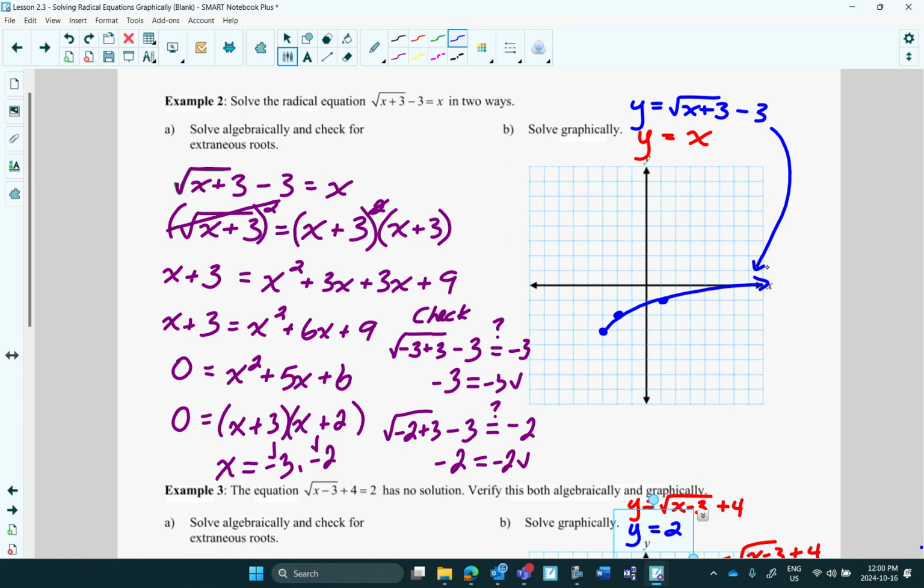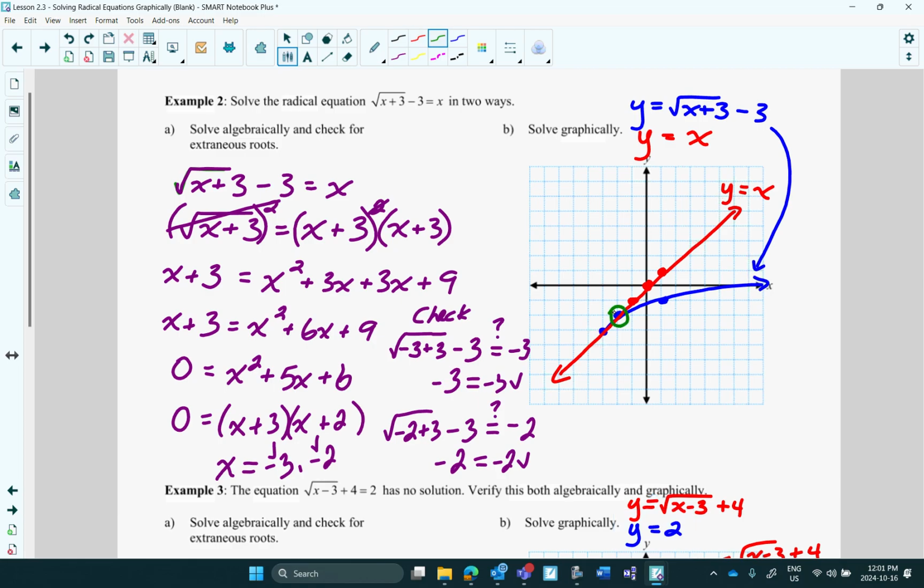What does y equals x look like? Think about a table of values. If x is 0, what's y? 0. If x is 1, what's y? So all the points are going to be like 0, 0, 1, 1, 2, 2, -1, -1, -2, -2. So they're going to look like this. 0, 0, 1, 1, -1, -1. And I'm going to draw it like that. And I can see that it intersects at 2 spots.